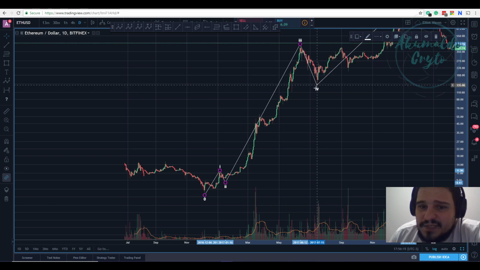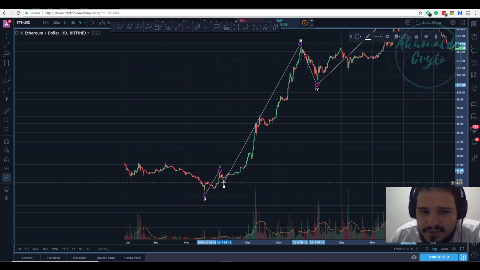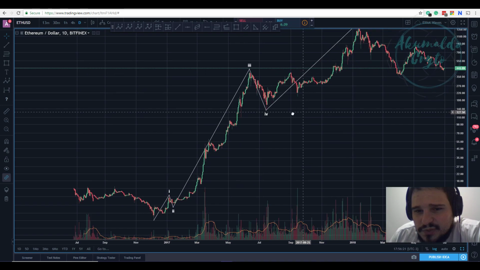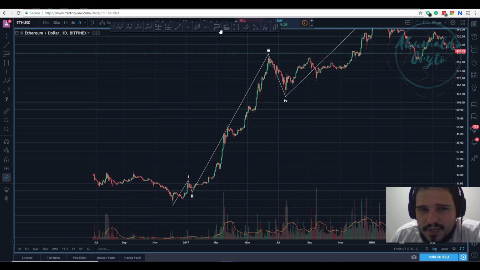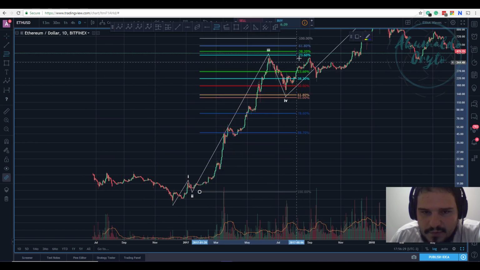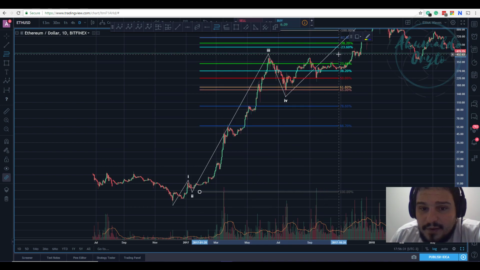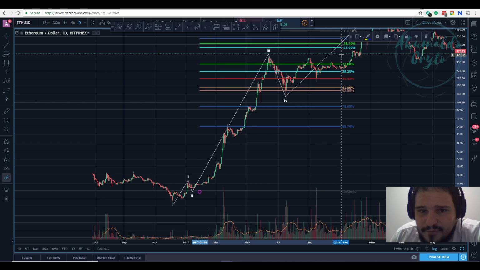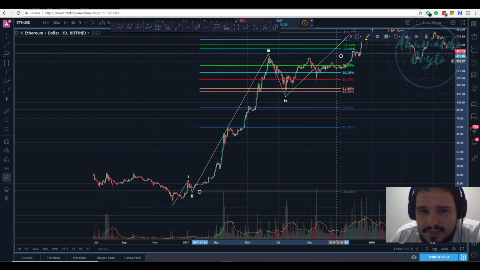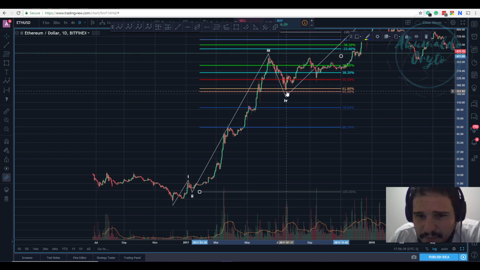But when we see that wave 2 is shallow, what ensues after that is that wave 4 is going to be deeper, okay? That's the relationship between wave 2 and wave 4. So in this case, for example, we have that wave 4 has retraced to the golden pocket, 618, 65%.